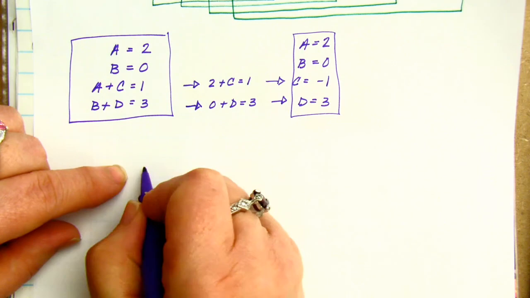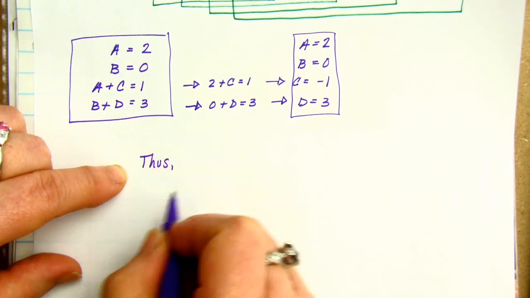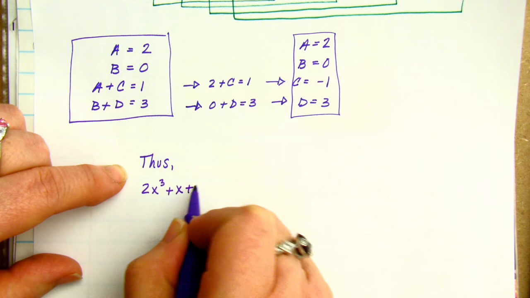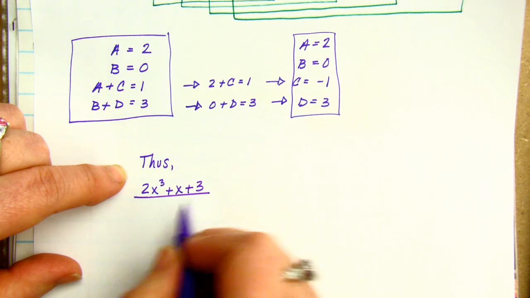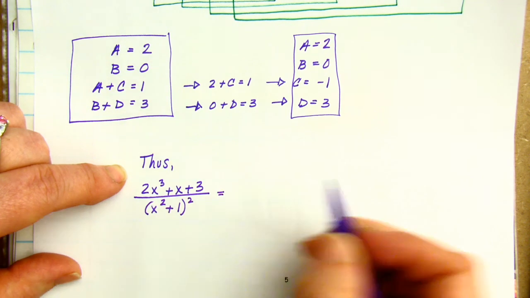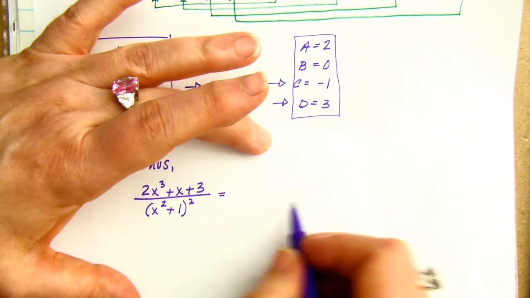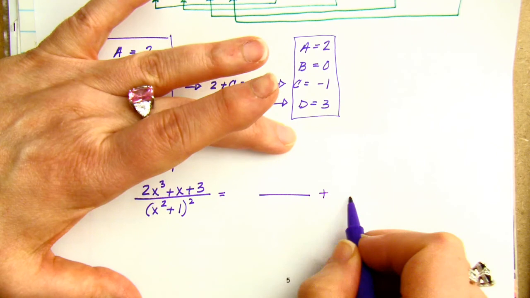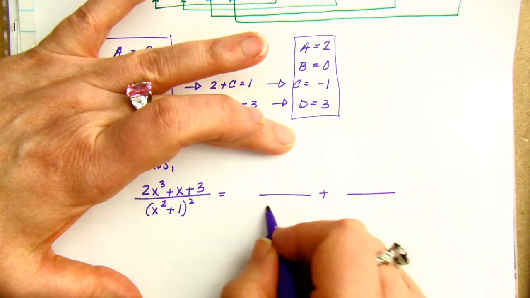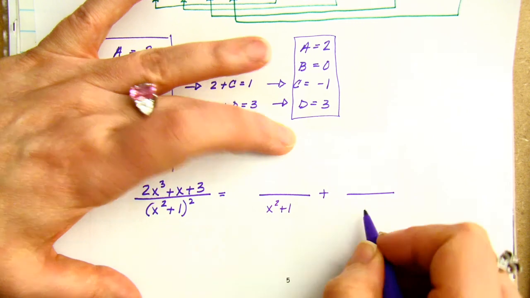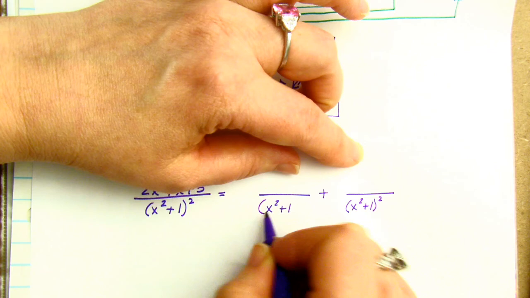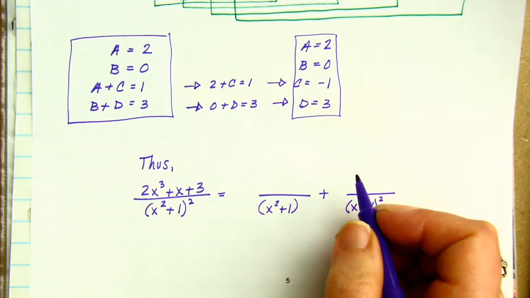All right, so now we can say thus 2x cubed plus x plus 3 divided by x squared plus 1 quantity squared is equal to, remember we had two fractions, we had an ax plus b.